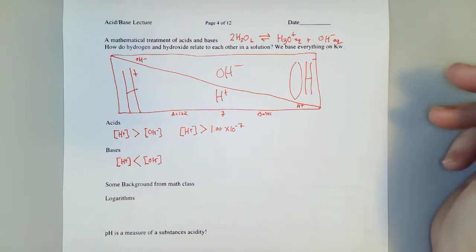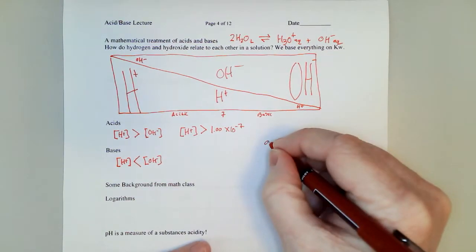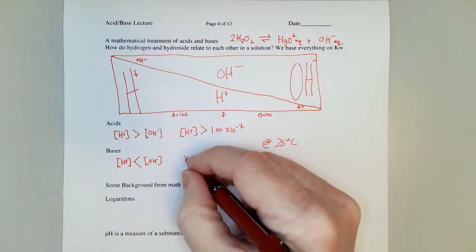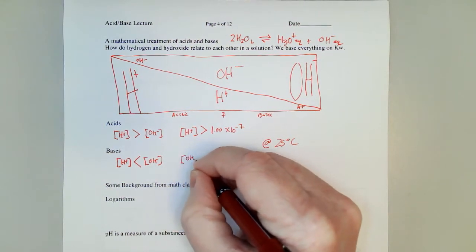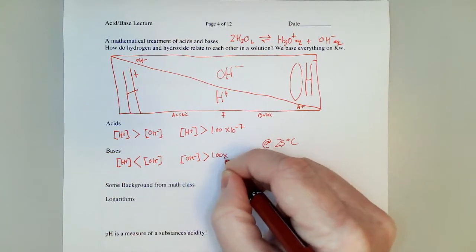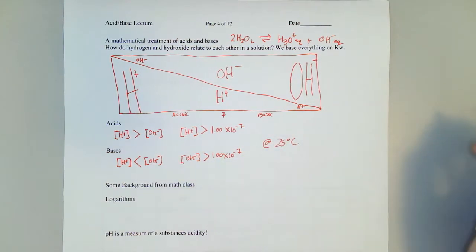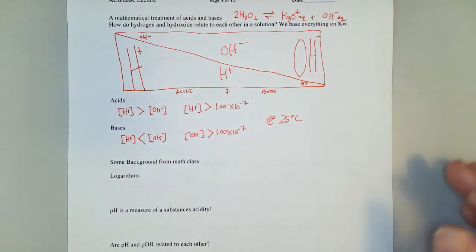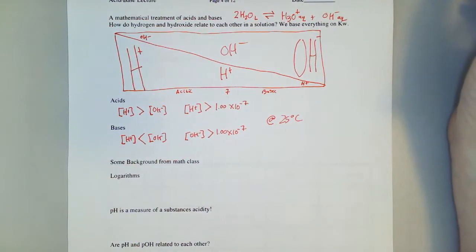And we're dealing with this at 25 degrees Celsius. This is all at 25 degrees Celsius. And for bases, the concentration of the hydroxide is what is greater than 1.00 times 10 to the negative 7. Okay? Now, we're going to go over something like 17 orders of magnitude here for concentrations.